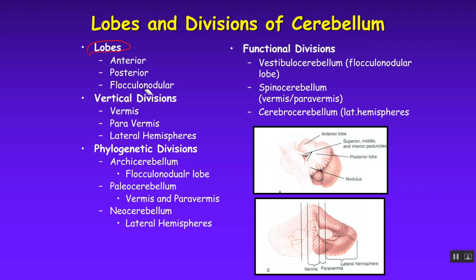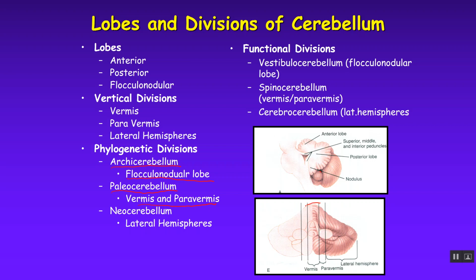Then we have what are called phylogenetic divisions, which are based on evolution, like what are the newest versus oldest parts of the cerebellum as we've developed into walking, talking, moving human beings. So there's the term archicerebellum, which is synonymous with the flocculonodular lobe. Then we have the paleocerebellum, which is synonymous with the vermal and paravermal regions.